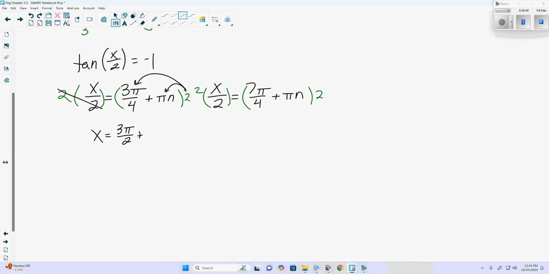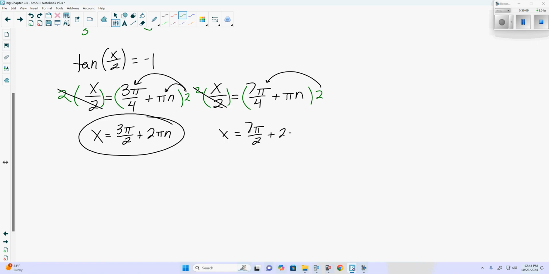Plus 2 times pi n is 2 pi n. And we do the same thing to the other side. The 2 and 2 would cancel. 7 pi over 4 times 2 is the same as 14 pi over 4, or 7 pi over 2 plus 2 pi n.